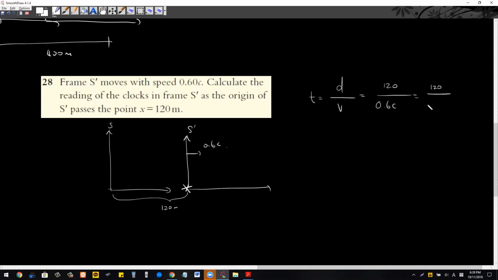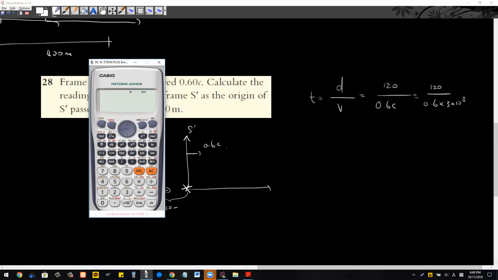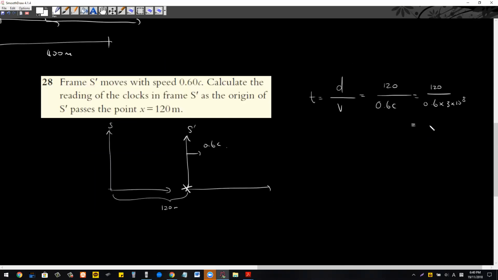Yeah. So this is 3 times 10 to the power of 8. If we plug that into the calculator, this will give you 6.666 times 10 to the power of -7 seconds.